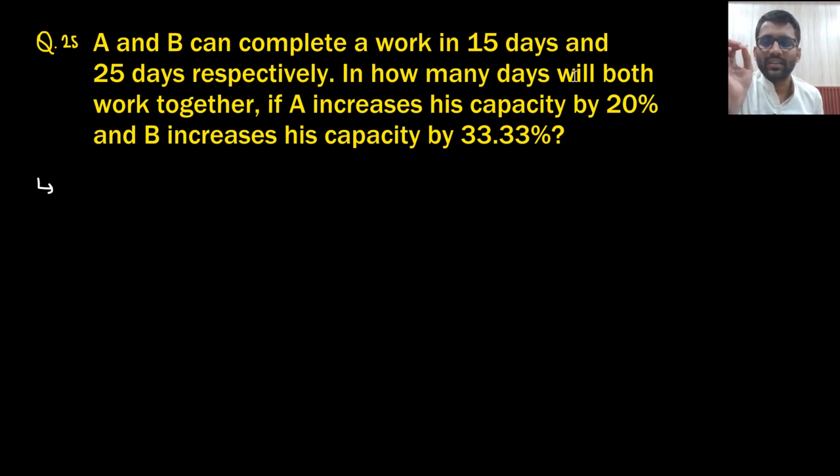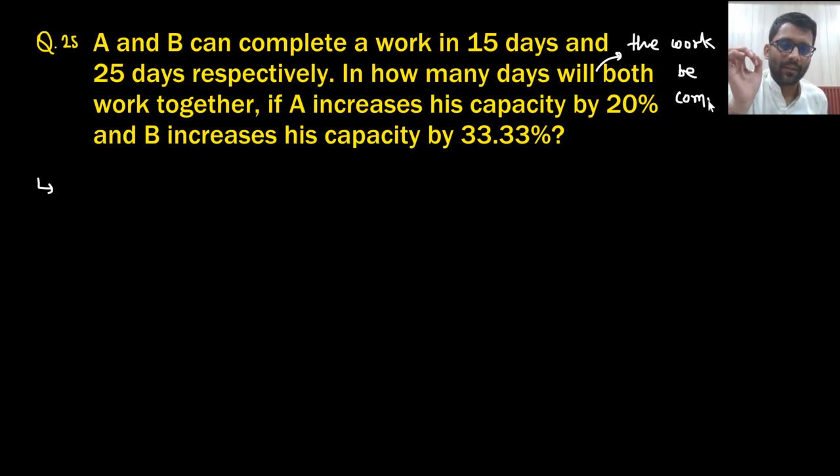In how many days will the work be completed if both work together, if A increases his capacity by 20% and B increases his capacity by 33%?